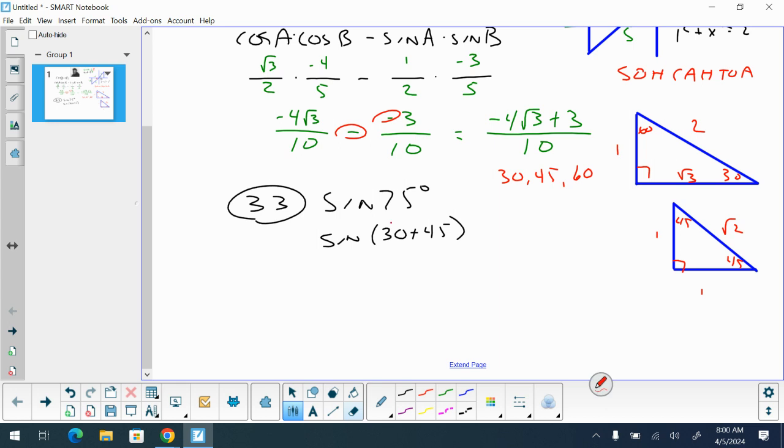Here is my A, here's my B. So expand out sine A plus B. Okay, look at your formula. Using only A's and B's, expand out sine of A plus B.